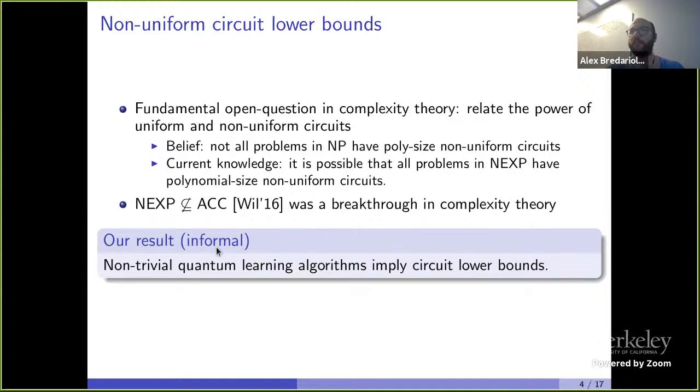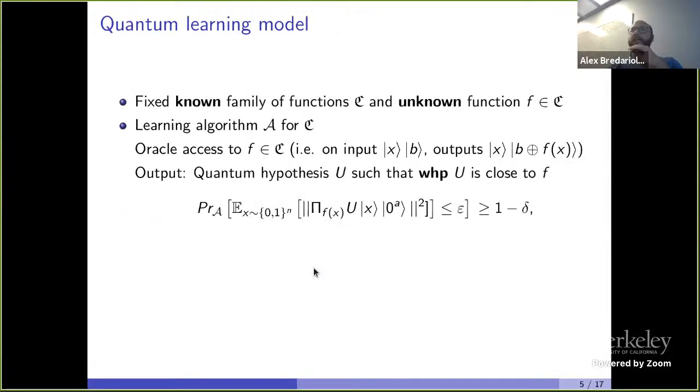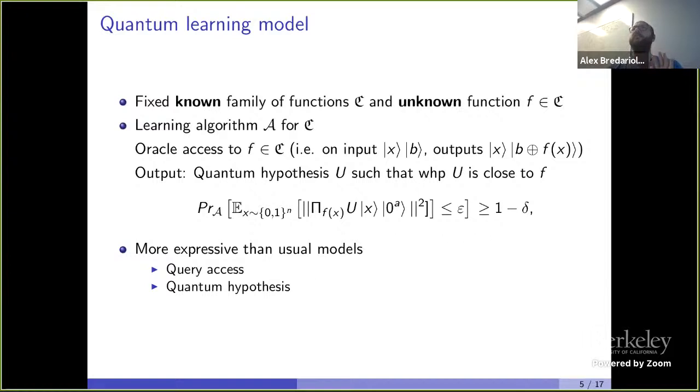The analogy will come when I instantiate these blocks, when I explain our result in more detail. For now, I'm just giving you the information that allows me to say precisely what I mean. I'm just describing what a learning model is, and in one or two slides I'll describe our main result, and if there are any questions there, I can stop again.